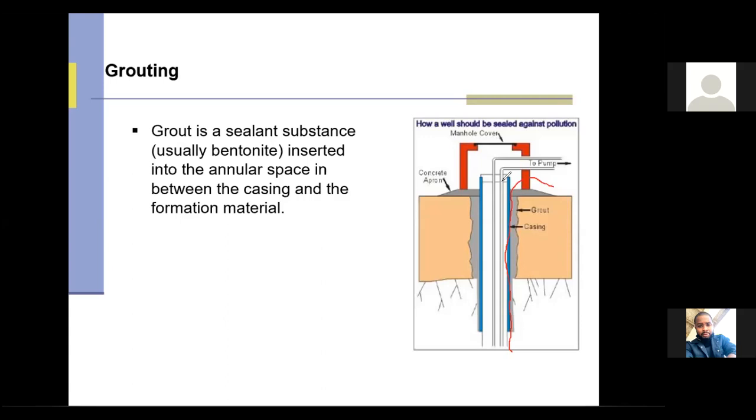And again, you're probably going to use bentonite or clay or concrete or something to seal that well from contamination in the future. So always think about that. You can't just walk away from a well. It has to be properly and safely decommissioned so that there are no issues. And sometimes that's not always done.